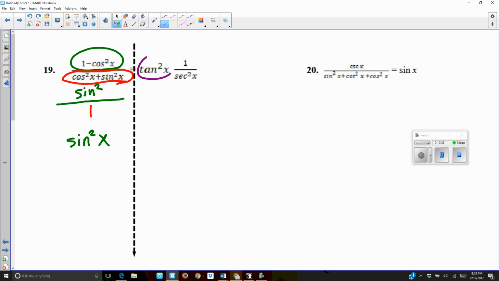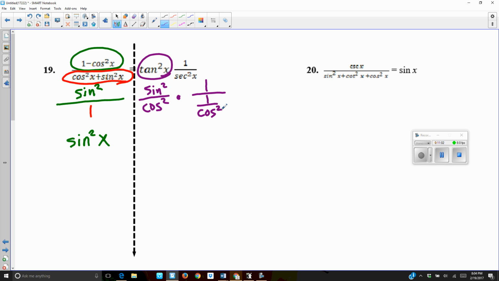The right side, we can change tangent squared to sine squared over cosine squared. One divided by secant squared, a couple different ways you can do this. One way is if you change secant squared to terms of cosine, it would be 1 divided by 1 over cosine squared.